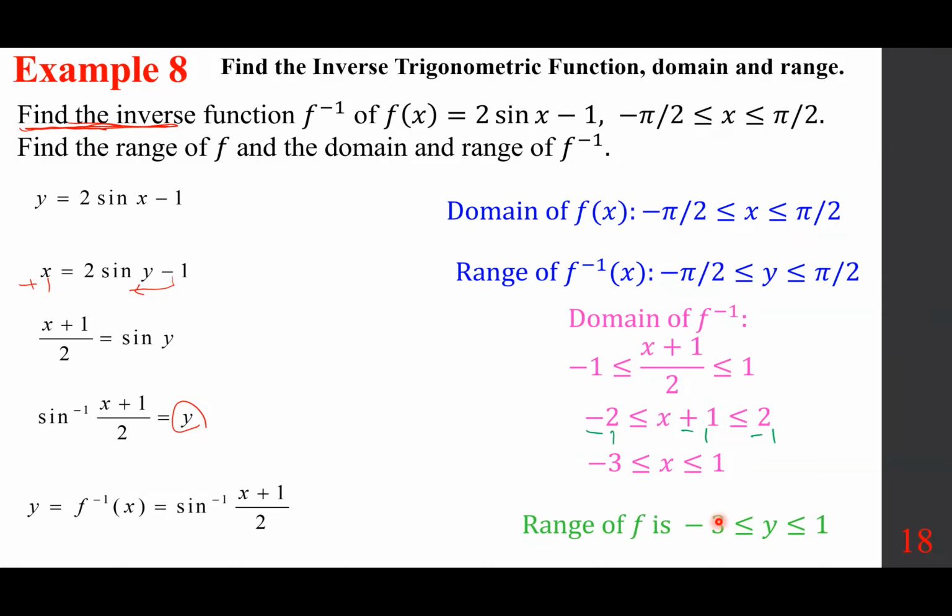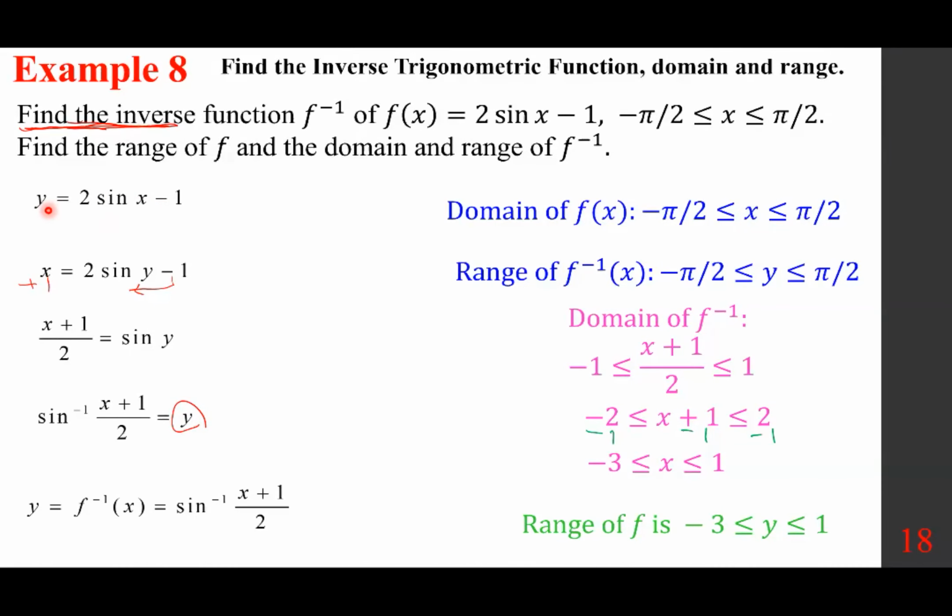And this is fun. I just want to quickly show you if we were to use a different method, and it is possible. And that is to write this one. When we solve for sine x, y equals 2 sine x minus 1.